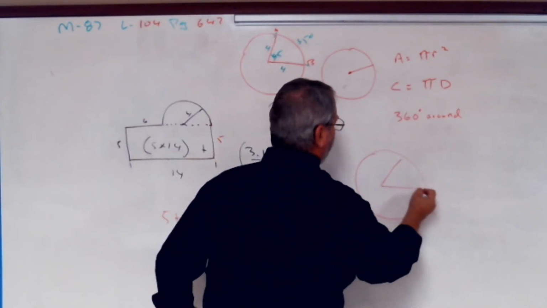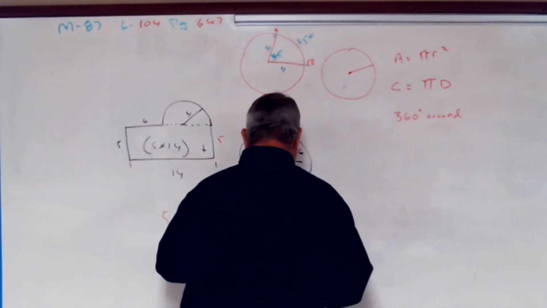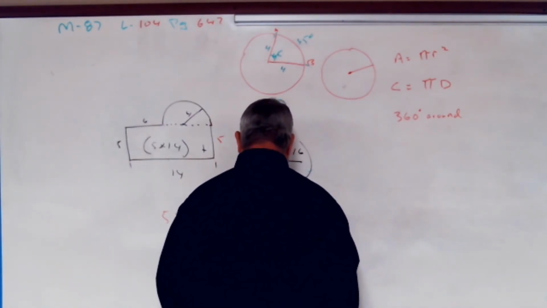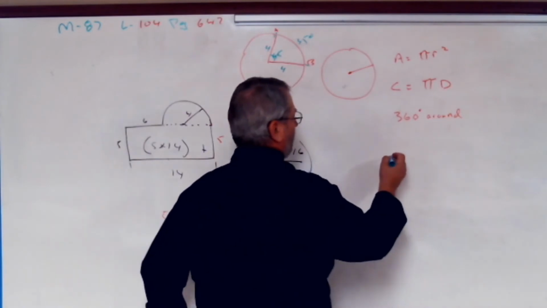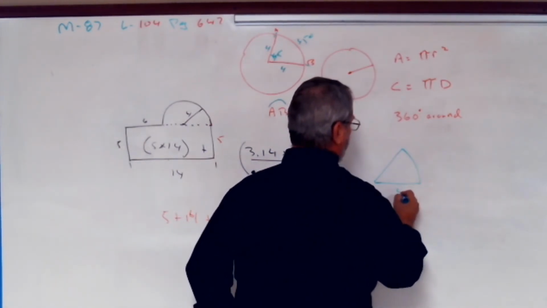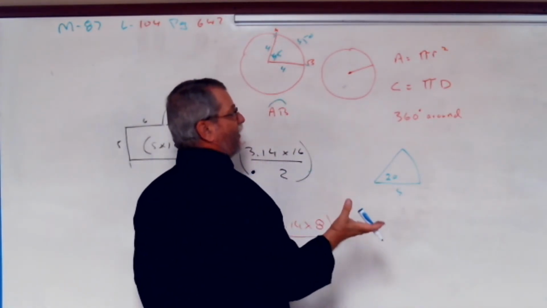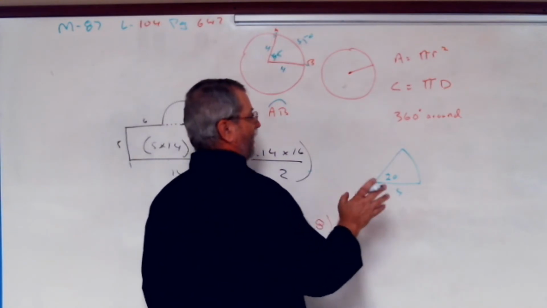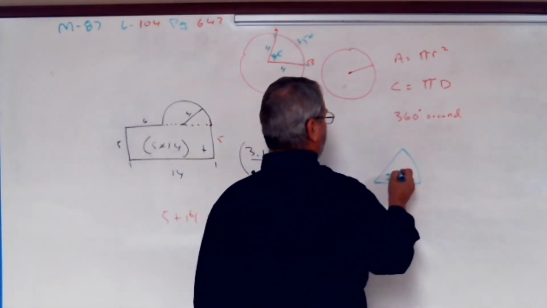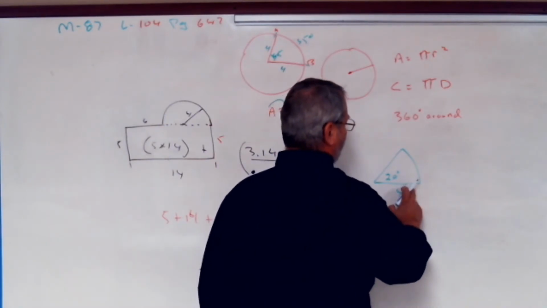If they want you to find a sector of a circle, you get a problem that looks something like this. I want you to find the area of this sector. Well, this is 20 degrees, and this is a radius.